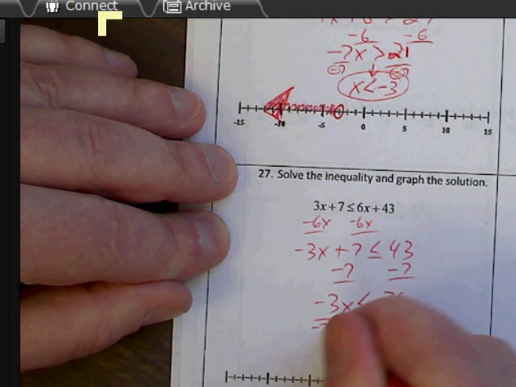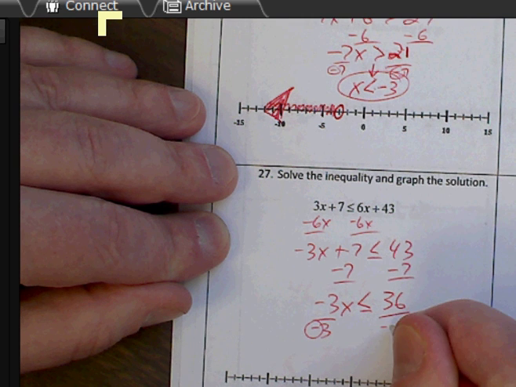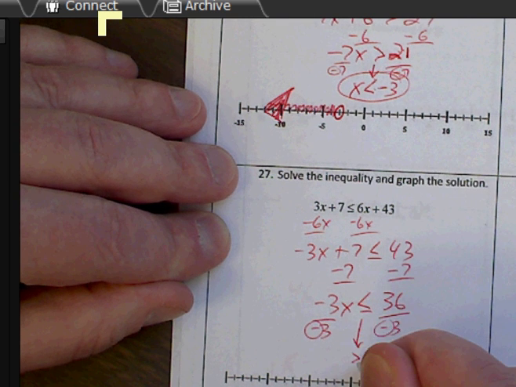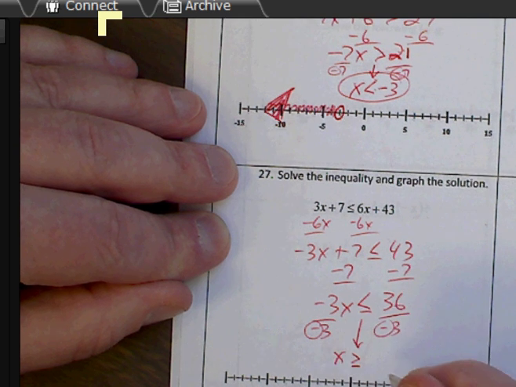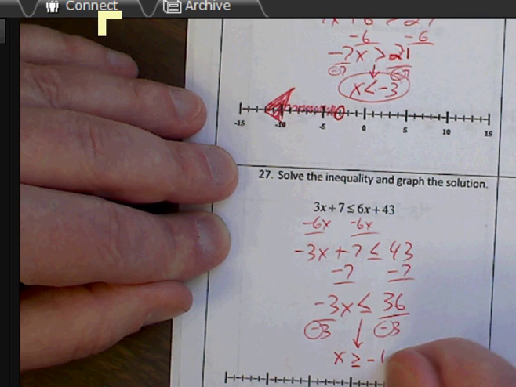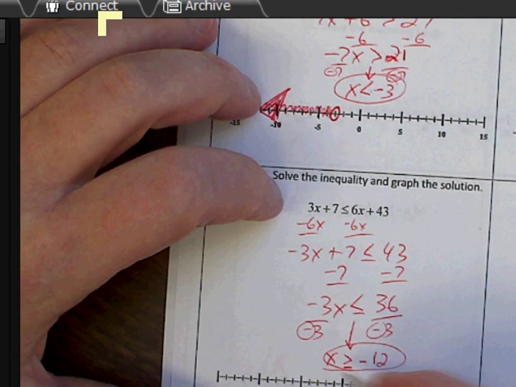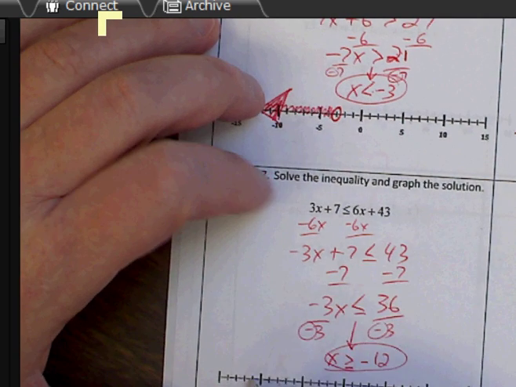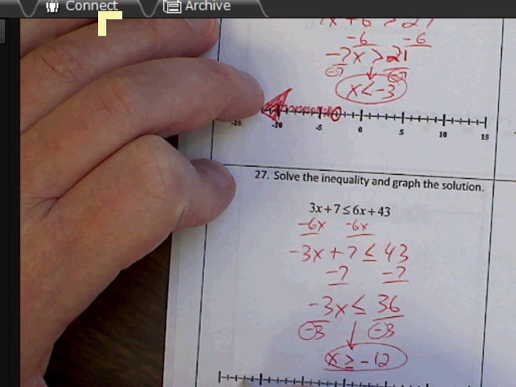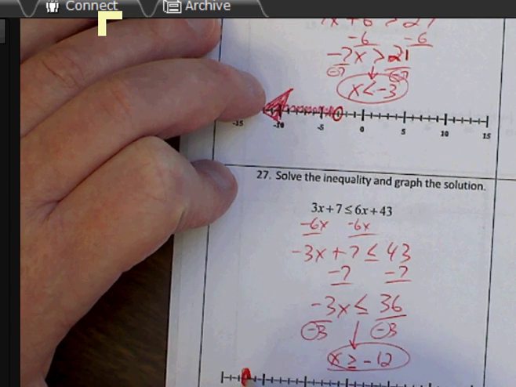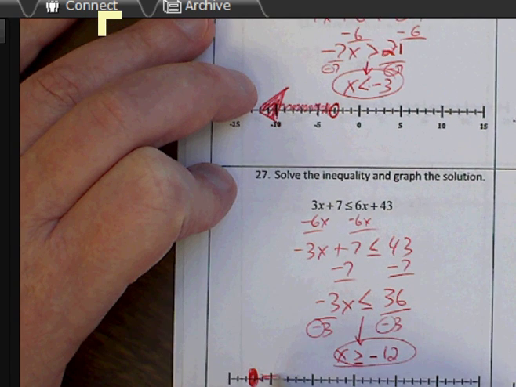I'm going to divide by a negative 3. Once I divide by a negative, I know I have to flip this sign. So I get x greater than or equal to, 36 divided by negative 3 is a negative 12. That's my answer. I go to negative 12, and I put a solid dot. And I shade to the right.